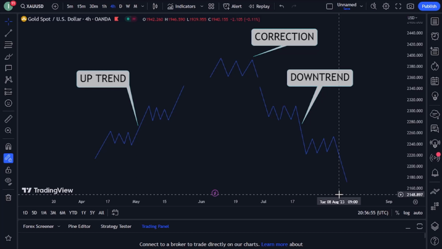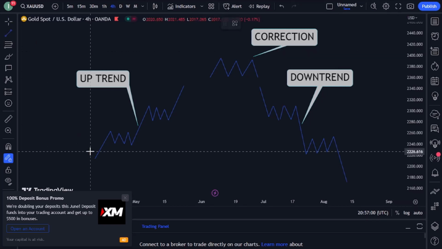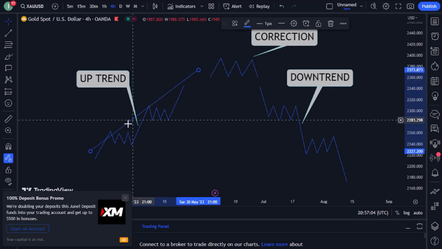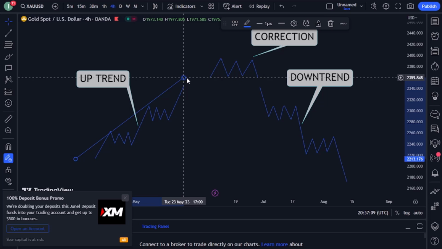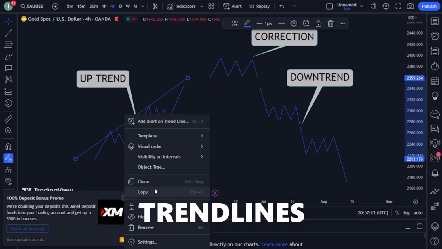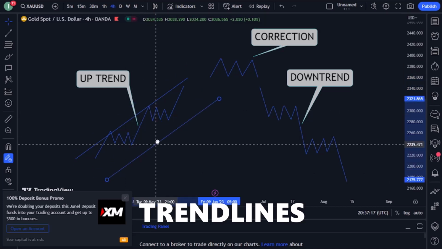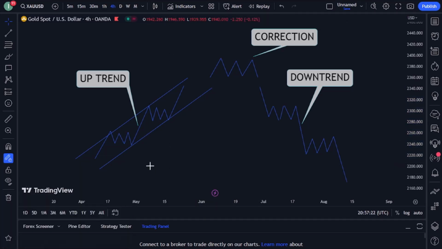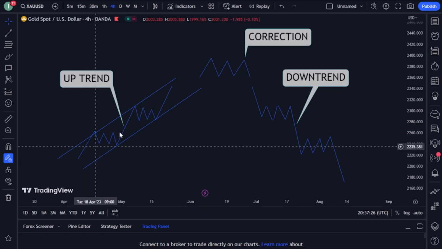All right, so now what you do is you come here, grab your trend line and put it there. Then you clone it so it can be parallel and the same size as this one, and you put the other one on this side. You see? Look at what we have here. We have an uptrend.